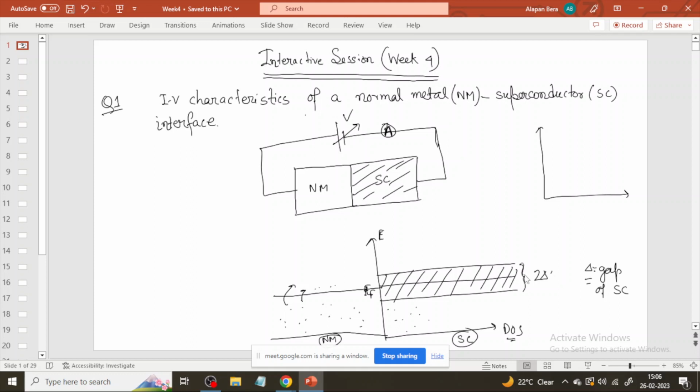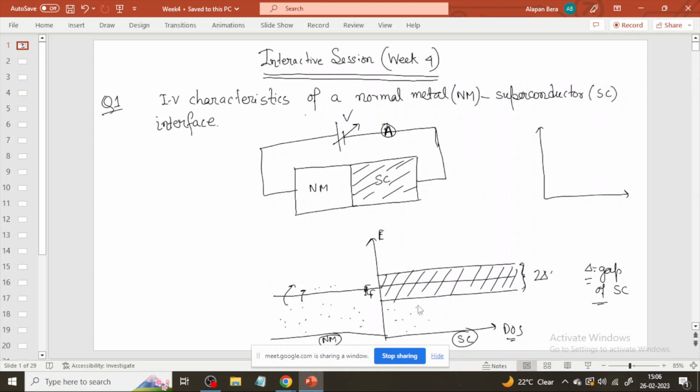There is a 2 delta energy region around E_F where no free or single electrons can exist. All the electrons in this region make Cooper pairs, so no single electron state exists here. That is why this is called the superconductor gap, and this gap appears in the gap equation also.